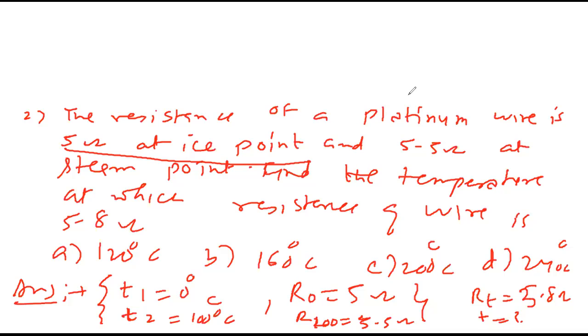So with the first two conditions, we can get alpha. Substitute in the third equation, and we'll get the temperature, which is missing. So for the first one, I can say R1 is R0 (1 plus alpha delta T), the general formula.